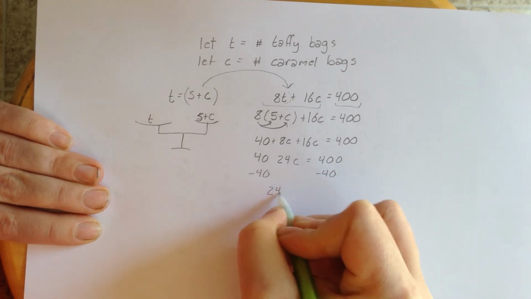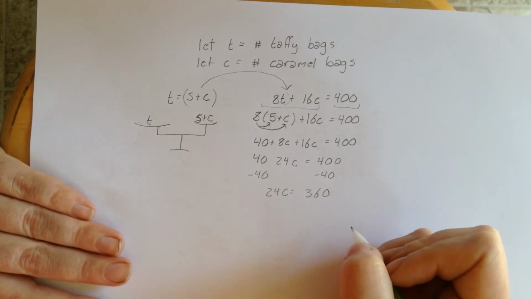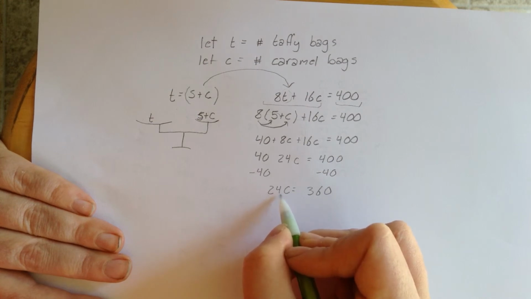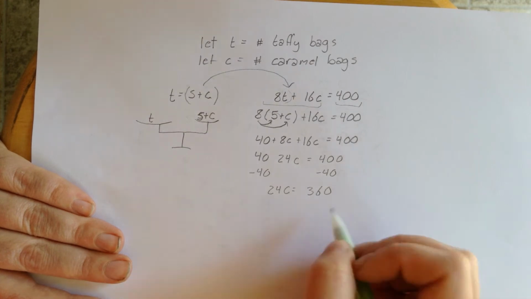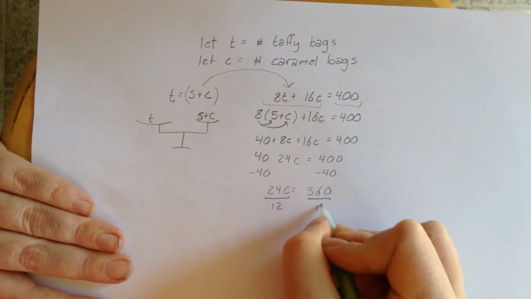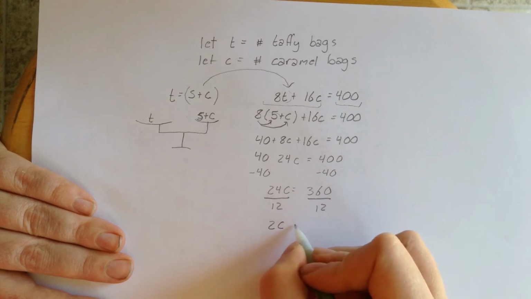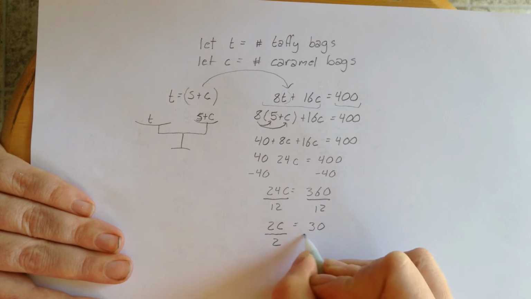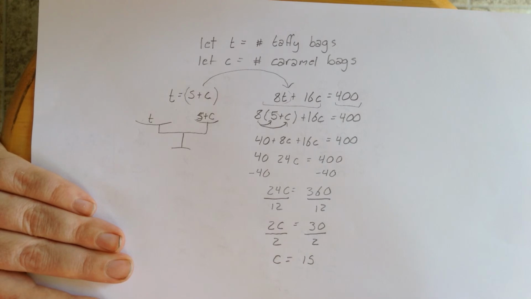Get 24c equals 360. And let's see, I don't have a calculator handy, so I'm going to do this sort of in my head. 24 is divisible by 12, and 360 is divisible by 12. I'm going to start by just dividing them both by 12. Do this in 2 steps. So 24 divided by 12 leaves me with 2c. And 360 divided by 12 leaves me with 30. Now I can divide by 2, and c equals 15.